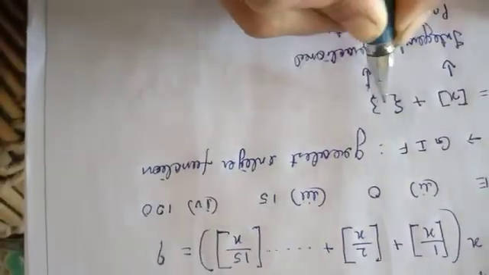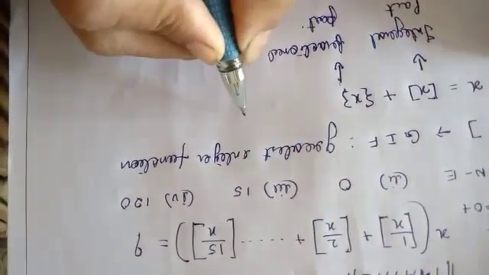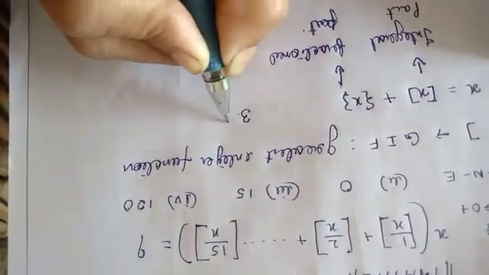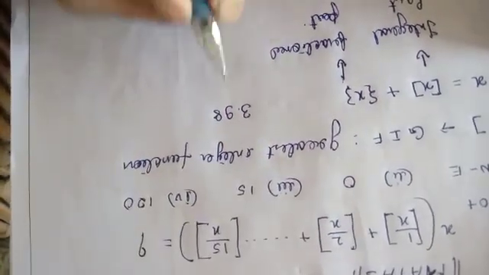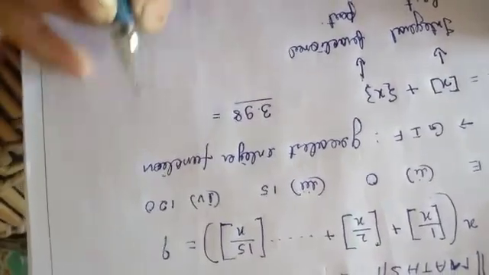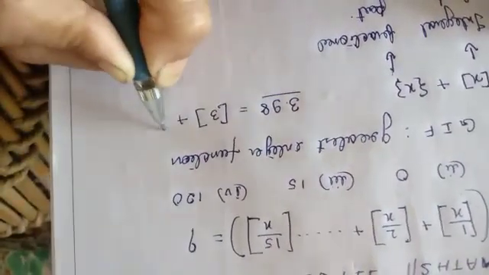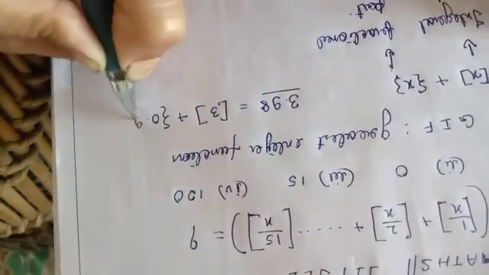Now let me tell you, for example, this is x, this is also x. Suppose I am taking 3.98, so this is my number. What is the integral part of this? This is the integral part, and this is your fractional part.